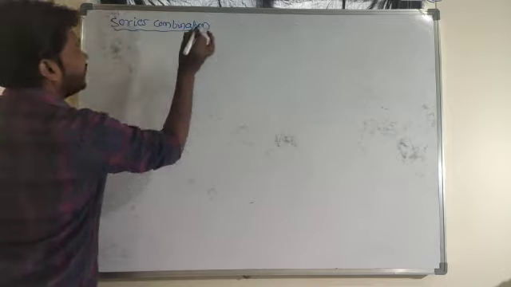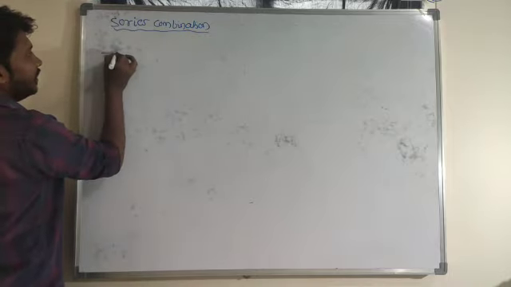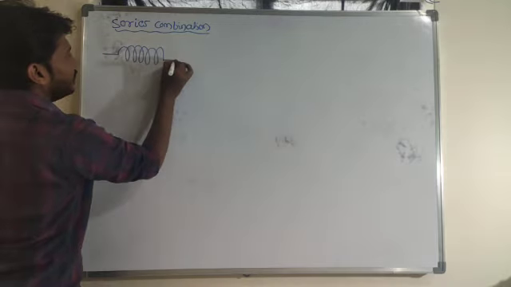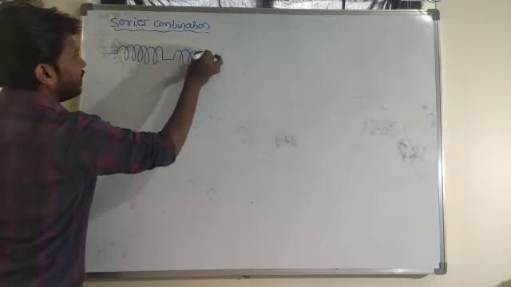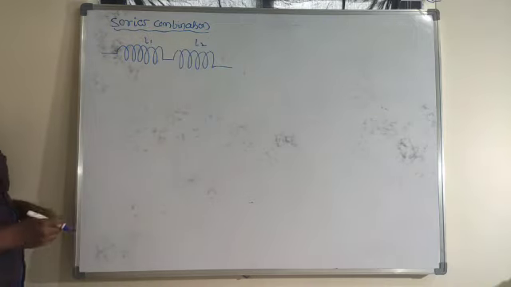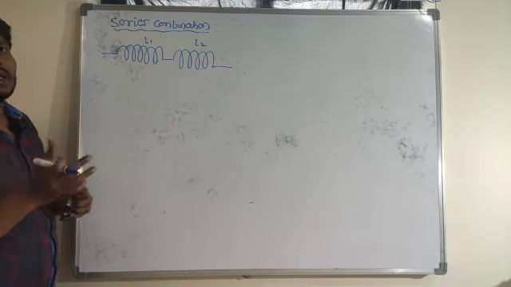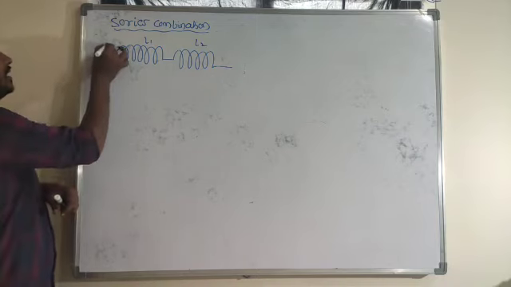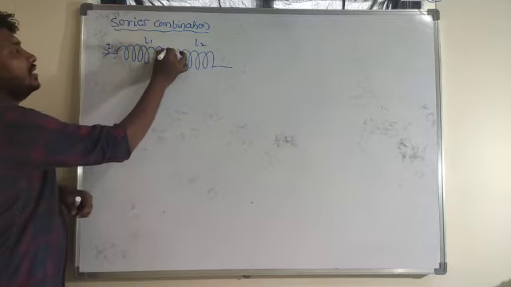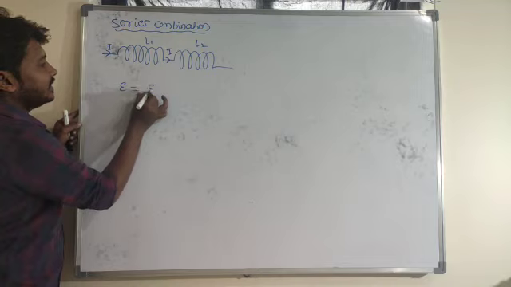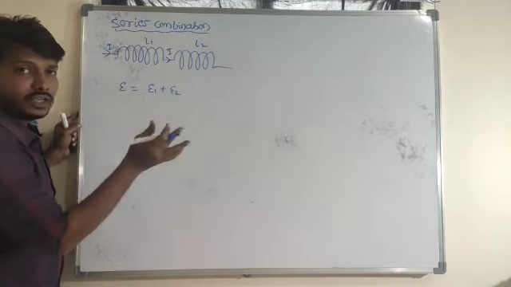Let me take two coils, and these two coils are in series combination. I will name these two coils L1 and L2. In case of series combination, current remains the same here, and total potential difference is equal to the sum of the individuals. E is equal to E1 plus E2 here.